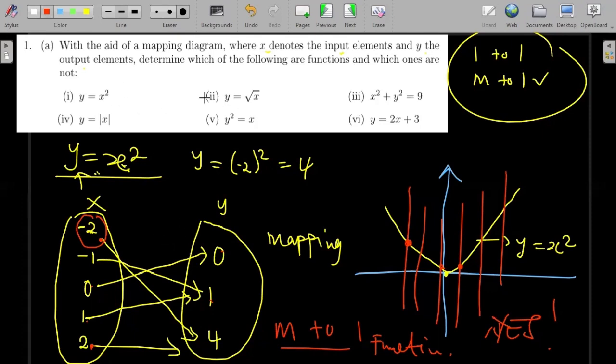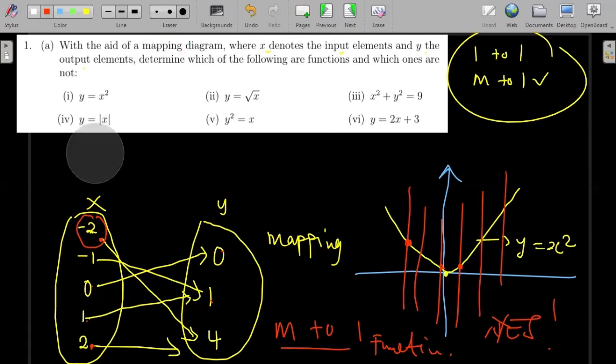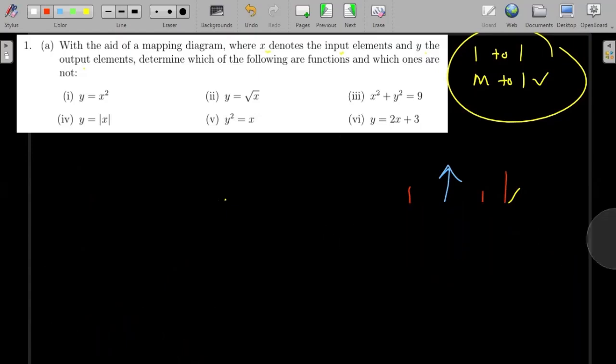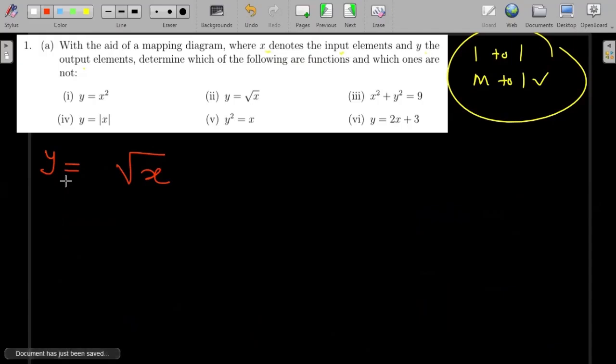Amazing. So now we look at question 2. We get familiar with the concepts. So let's look at part 2 there. Part 2 here is the root of x. We know that we can't have a square root of a negative number, so the values of x that we pick here should be strategic.